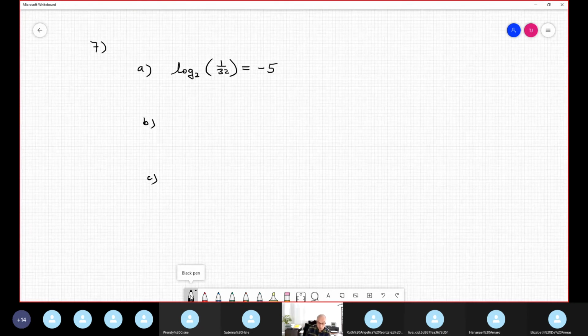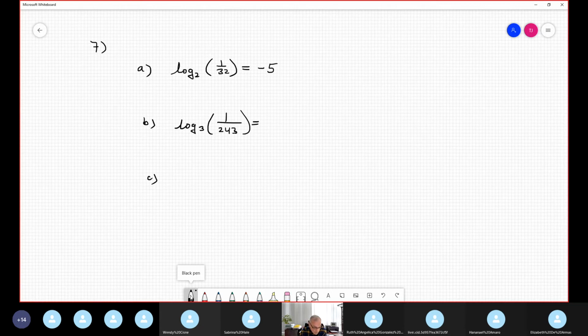You don't need to prove that this is true. Actually, you suppose it's true. Somebody does the computation of this, and this is fantastic. However, the challenge is not like that. It's to convert to exponential. So you identify the base, the exponent, the result, and you change.